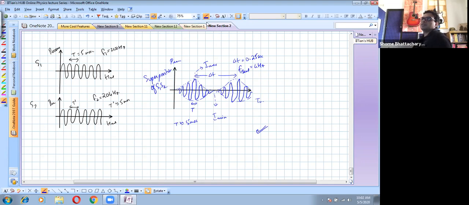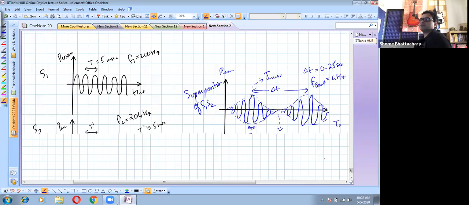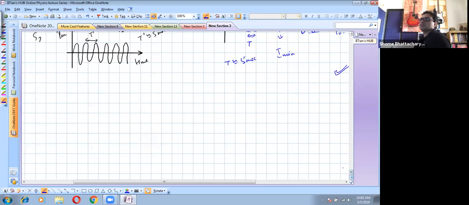Now I'll explain to you in a different manner why this happens. Okay, instead of using mathematics, I'll use phasor diagram to understand why this happens. So what is happening is, see, at the position of the detector, the sound from source S1, suppose it is something like this.